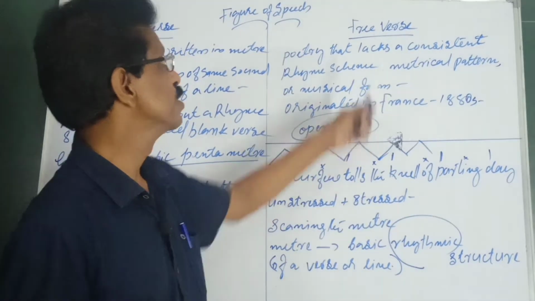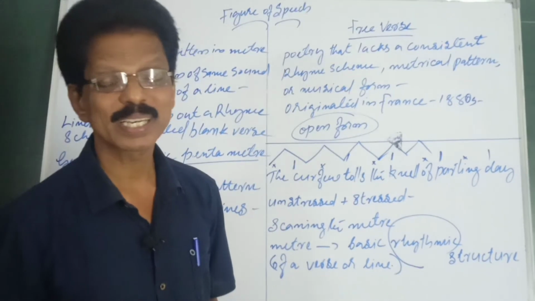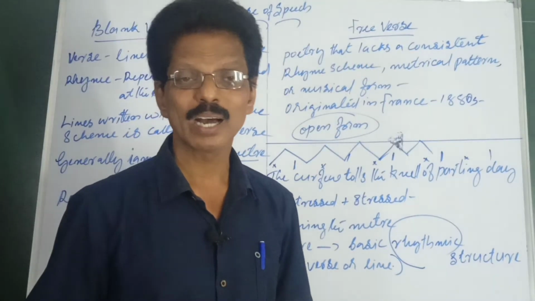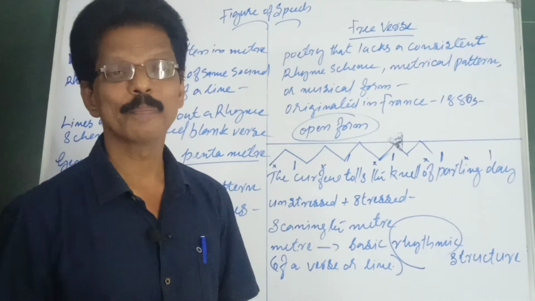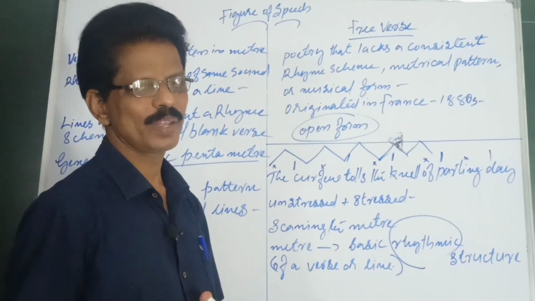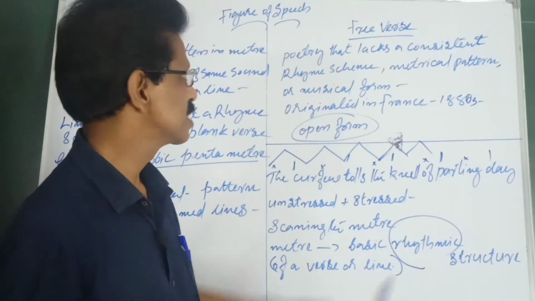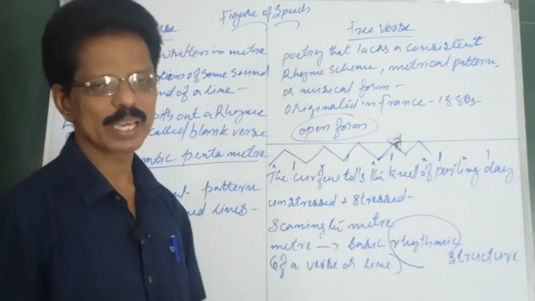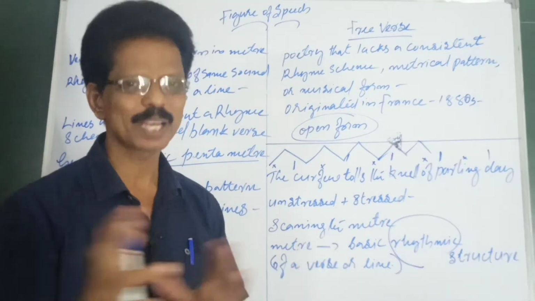It is called free verse. The best example is "My Mother at Sixty-Six," the first poem for 12th class students, by Kamala Das. That is a free verse. There is no rhyme scheme. There is actually only one sentence in the entire poem.